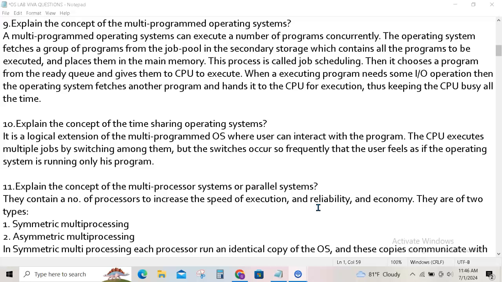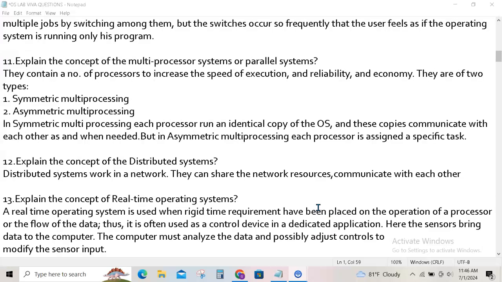Next is, explain the concept of multiprocessor systems or parallel systems. Multiprocessor systems or parallel systems are where a number of processors are available. Advantages of a multiprocessor system are that it helps to increase the speed of execution, reliability and economy of scale.